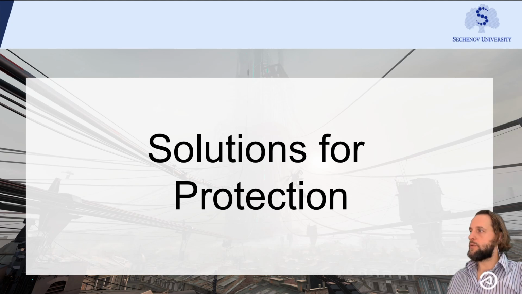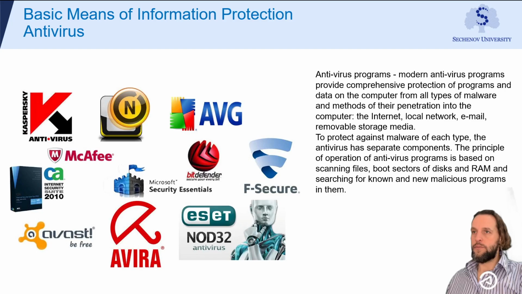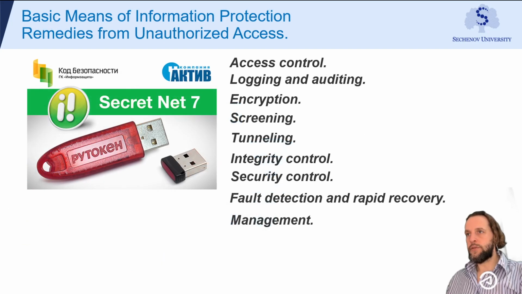Let's talk about solutions for data protection. In most cases it will be antivirus software, and these programs are designed to find such malicious software in the system and prevent it from acting.